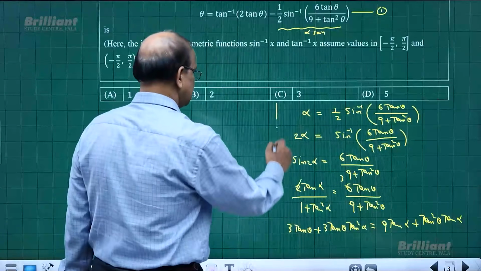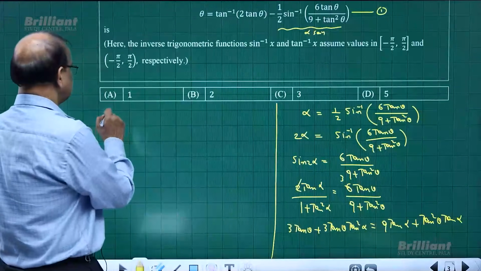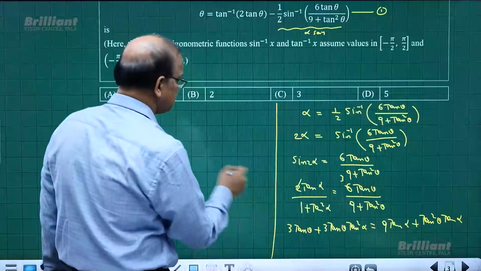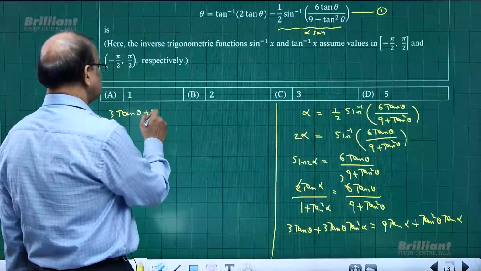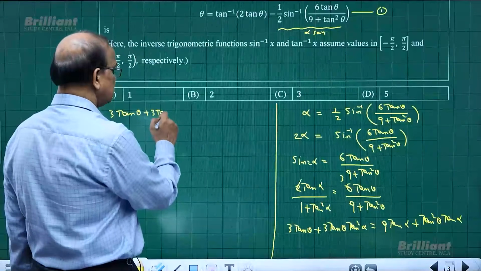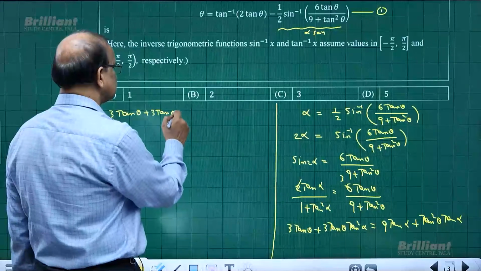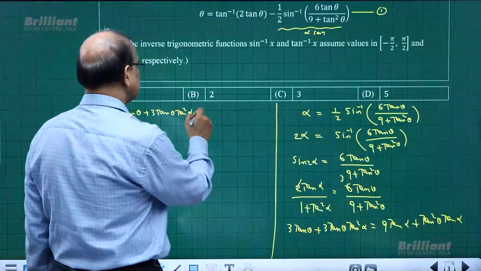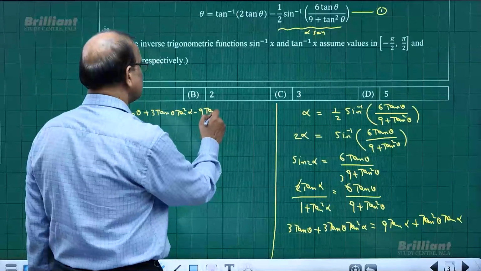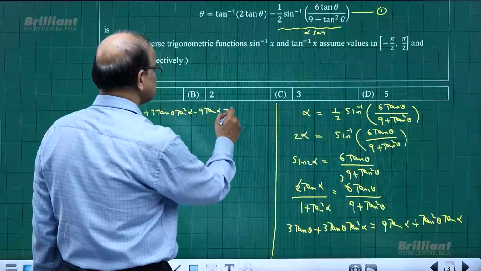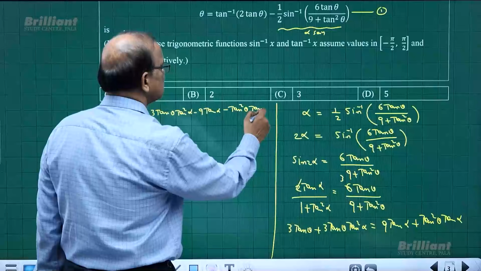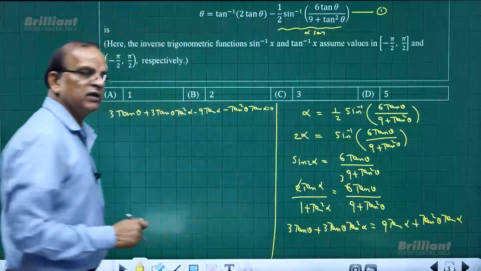So what you will get is 3 tan theta plus 3 tan theta tan square alpha minus 9 tan alpha minus tan square theta tan alpha is equal to 0, right?